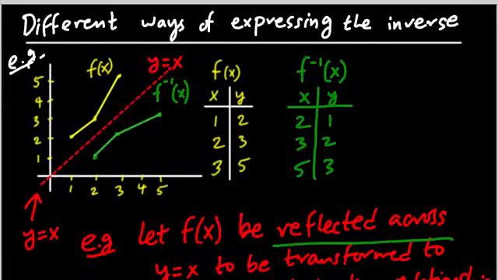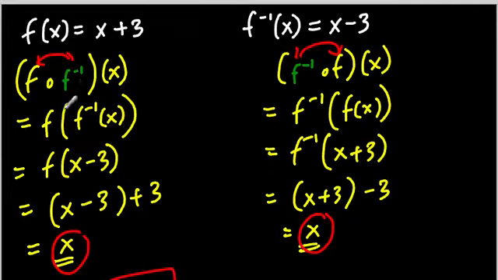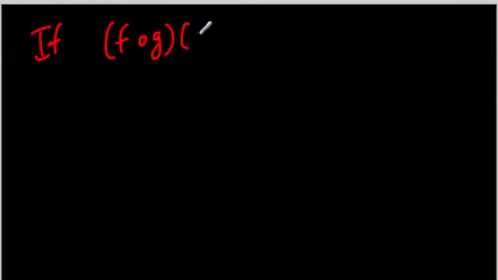So what does that tell you? It tells you that whenever a function of another function is equal to x, it means that these two functions are inverses of each other. So let's write this down formally. If f of g of x is equal to x, it means it maps back to the line y equals x.